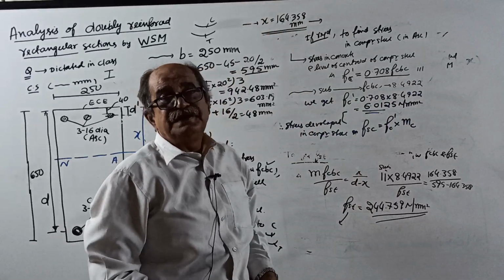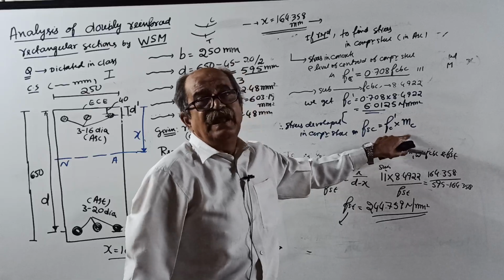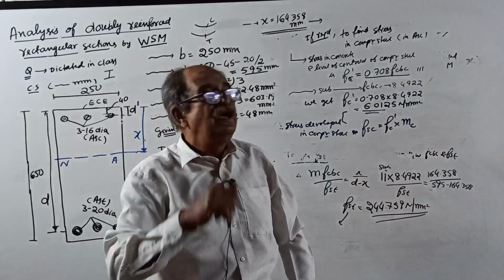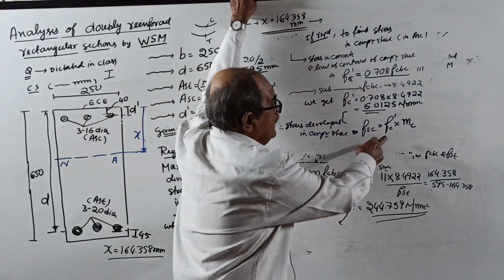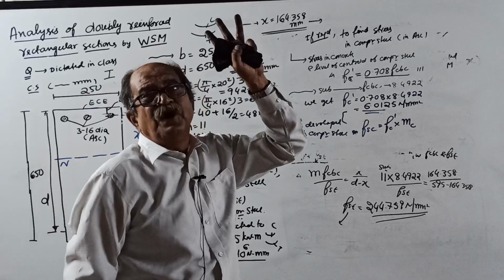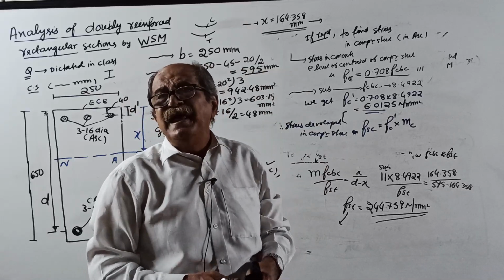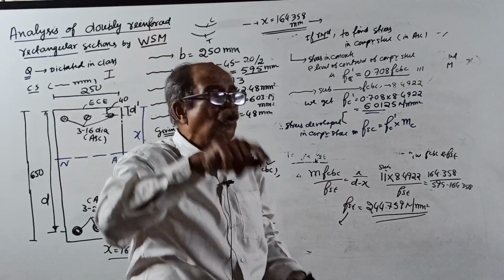Why? Stress in steel equals M times stress in concrete. Some will tell, sir, MC minus 1. No, MC minus 1 is for equivalent area. But not here. Here MC only. Why? Modular ratio. I told this in the class, not in the YouTube class, but in the regular course.